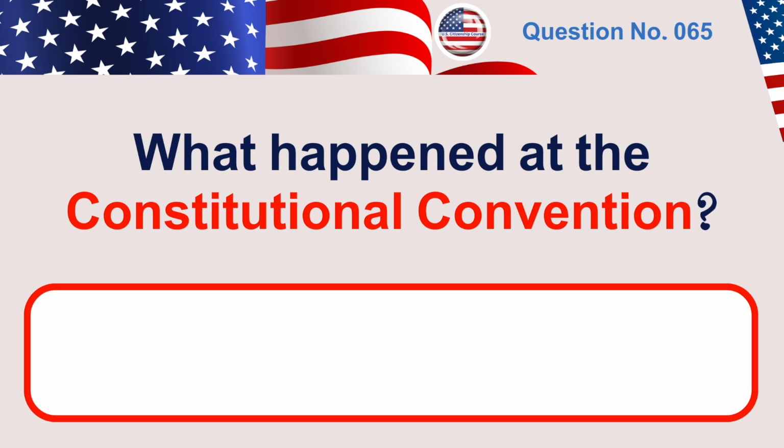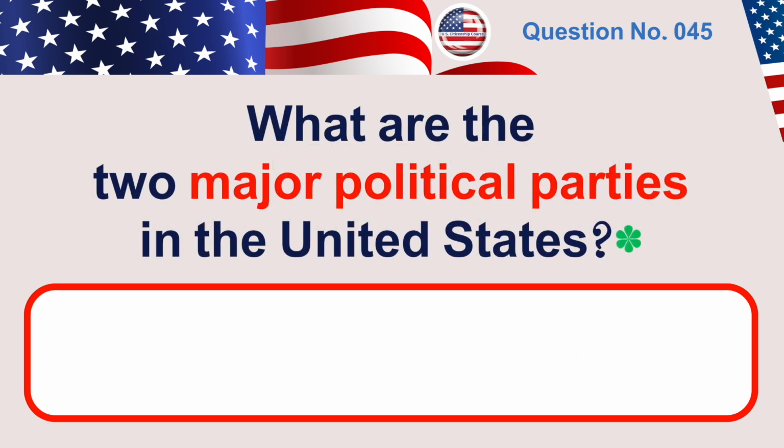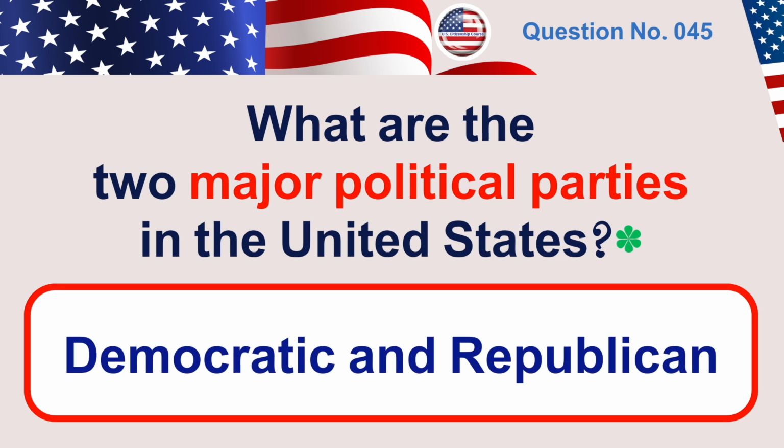What happened at the Constitutional Convention? The Constitution was written. What are the two major political parties in the United States? Democratic and Republican.